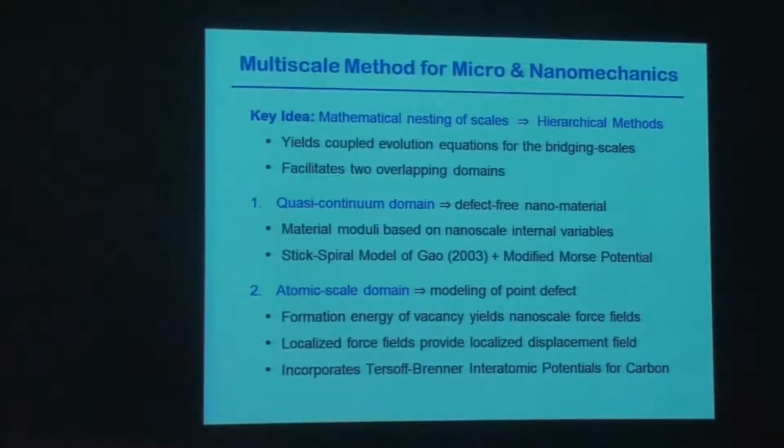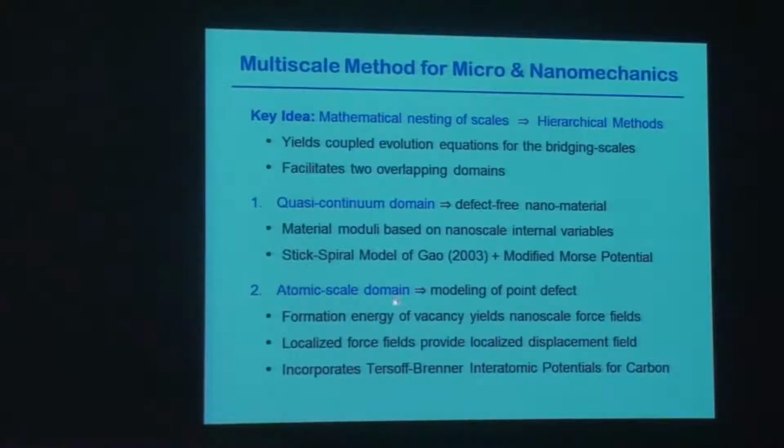So it's a kinematic model. In that kinematic model, you can use the analogy of linear springs or nonlinear springs. So we can use a modified Morse potential, and that will provide us information about nanoscale-based mechanical material properties that can then be embedded in this quasi-continuum domain. I'll describe that as we go on.